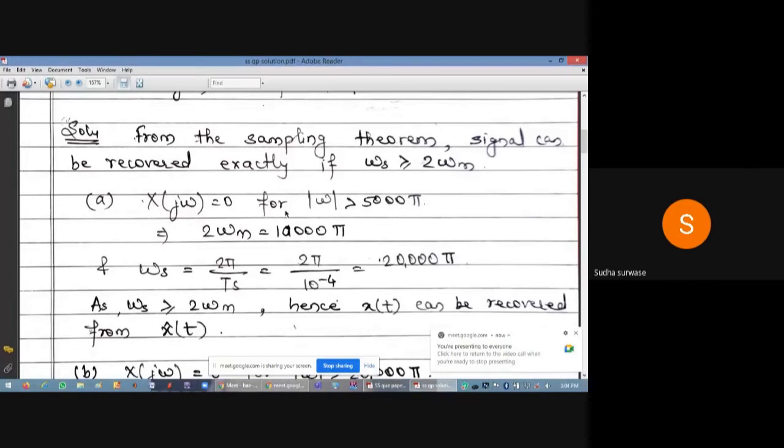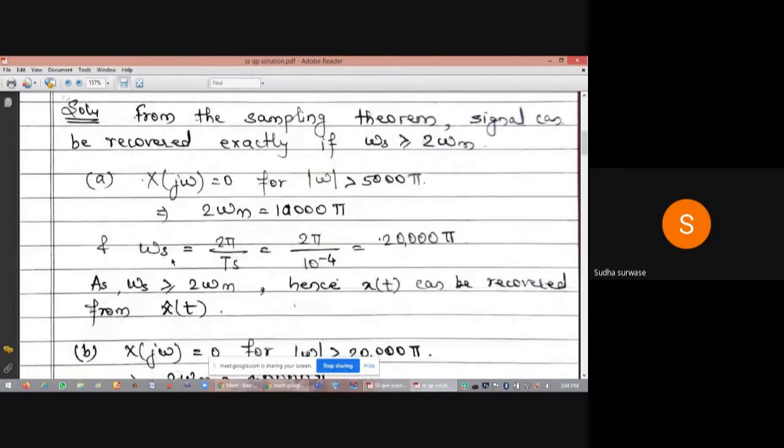For the first case, where x of j omega is equal to 0 for omega greater than 5000 pi, twice omega m will be 10,000 pi, and omega s will be 2 pi by Ts, where Ts is given as 10 raised to minus 4, so it will be 20,000 pi. As omega s is greater than twice omega m, we can say that x of t can be recovered from x cap of t.